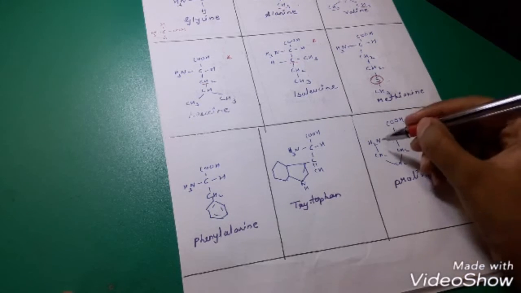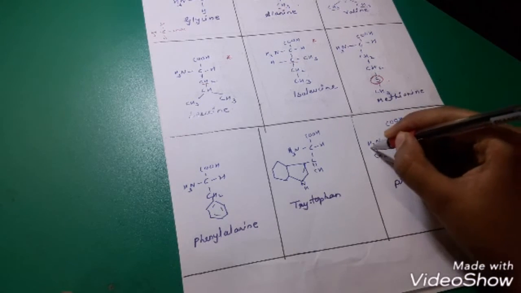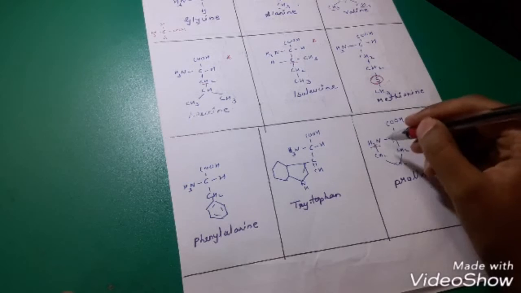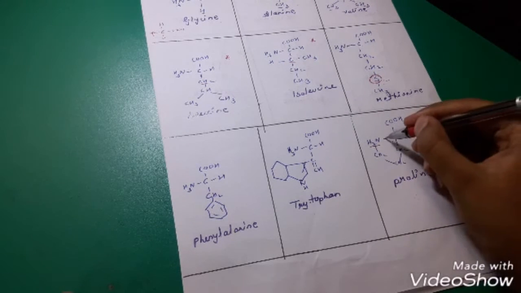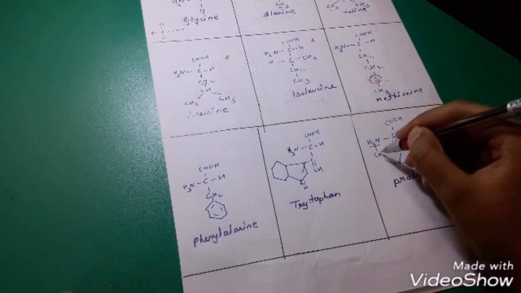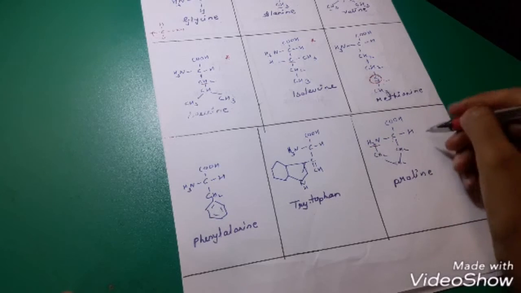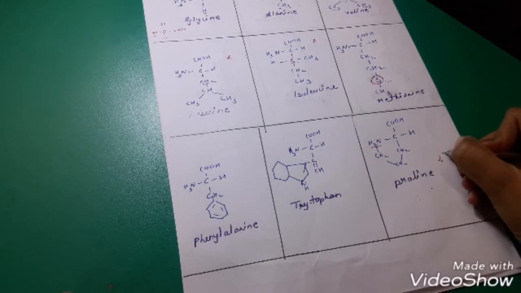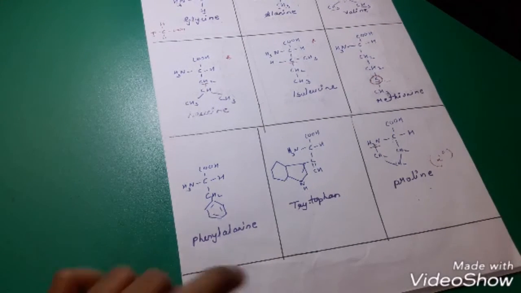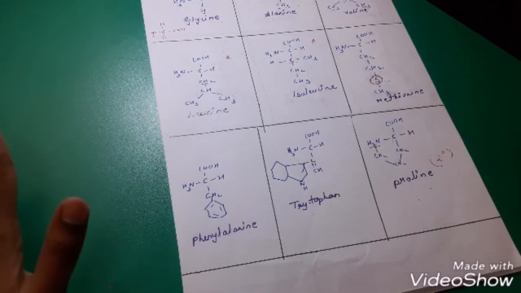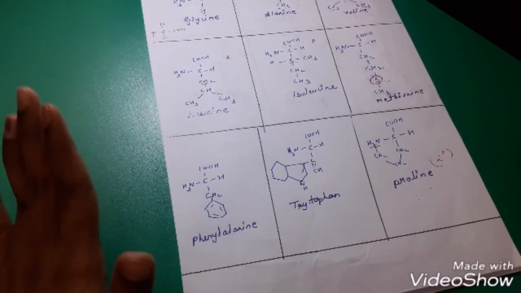You can see this is the amino group, and it is attached to 2 carbons, one is this one and the other one is this. So it is the secondary amino group, and the rest of all the amino acids are primary.